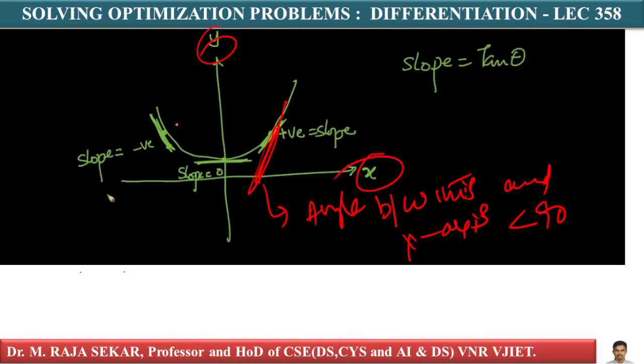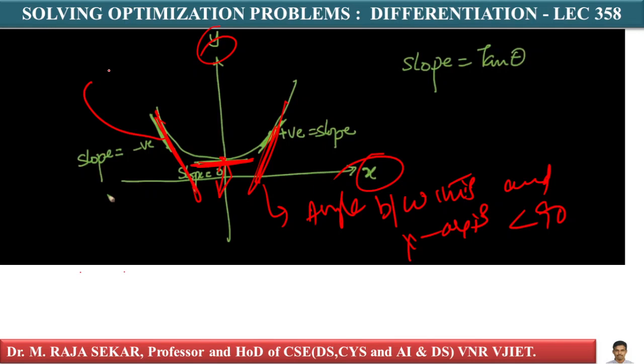What about here? The angle between this particular tangent and the x-axis, the slope is negative. What about this particular point? This tangent is parallel to the x-axis. Therefore, theta equals 0, and tan 0 equals 0. What is the angle here?